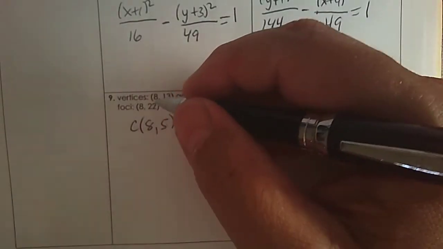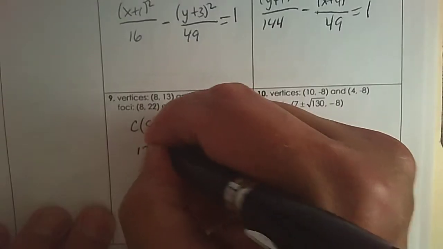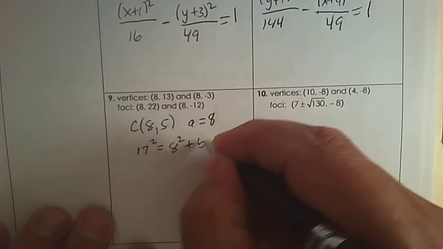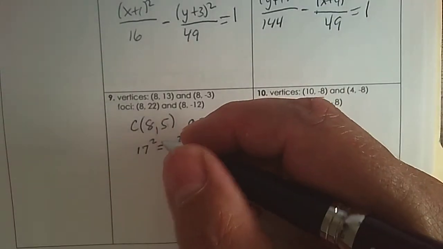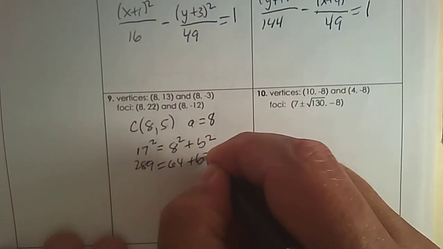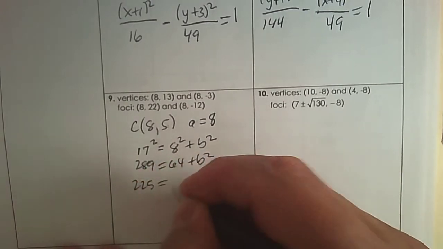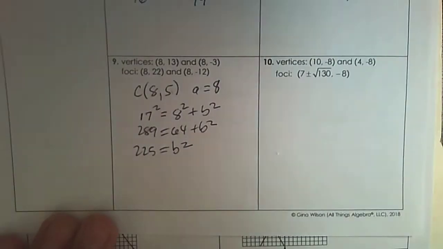So 5 to 22 is 17. So 17 squared is equal to a squared plus b squared. So 17 squared is 289. This is 64. Subtract 64, and you get 225. I don't need to take the square root because I want b squared. And now write the equation down.